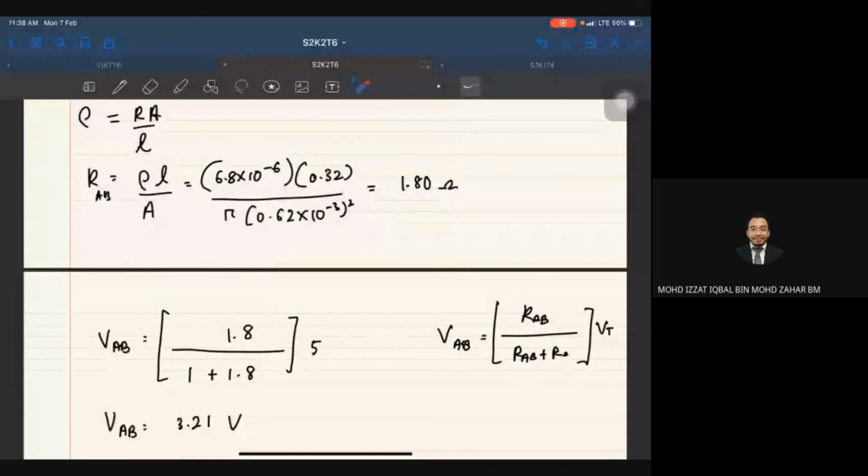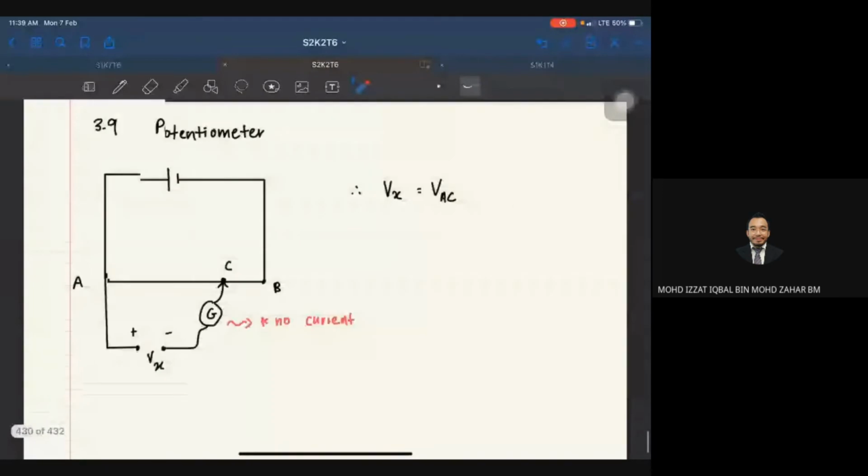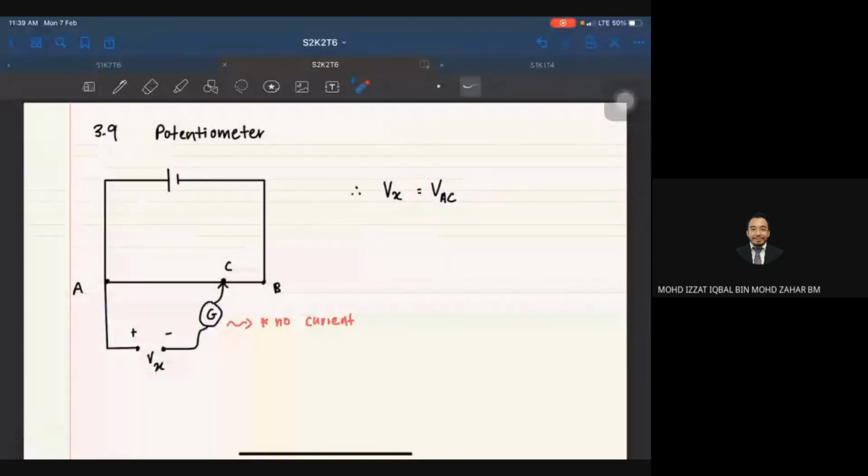Okay, I'll continue. So the next subtopic, which is the last subtopic, is about potentiometer. Okay, potentiometer has applications. So the main application for potentiometer is to measure the voltage across this one. Usually at Vx, we put an EMF, unknown EMF.